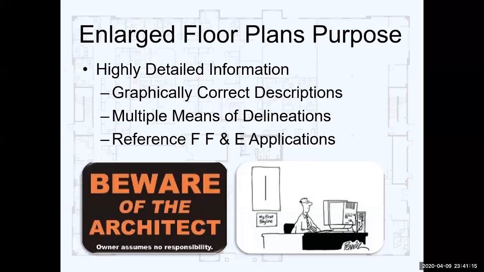So as a result, we get this opportunity to provide detailed information. We can organize it so it's graphically correct. We have a way of creating a hierarchy for the delineation so that it makes sense. And then we can also add in the implications and applications of furniture, fixture, and equipment so that we see how they work in better relationship to each other.